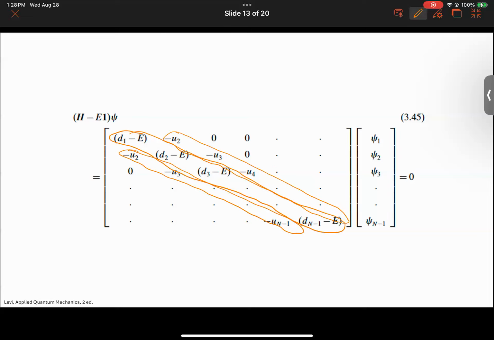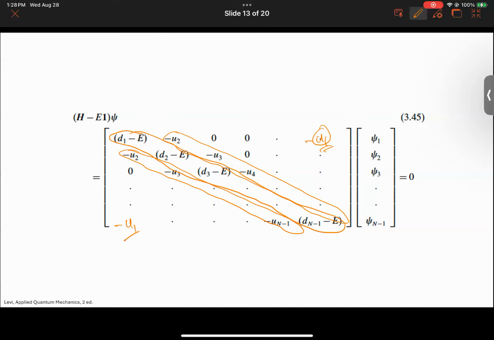If the boundary conditions are periodic, you will add a term here, so negative u1 and negative u1.